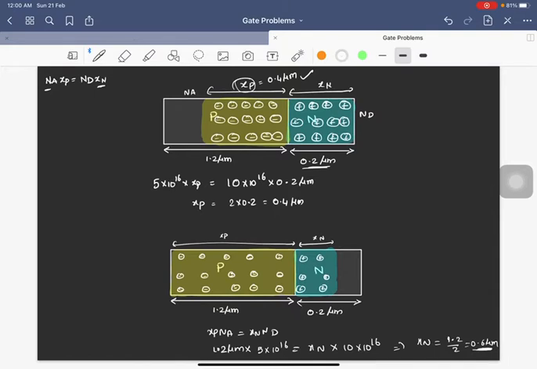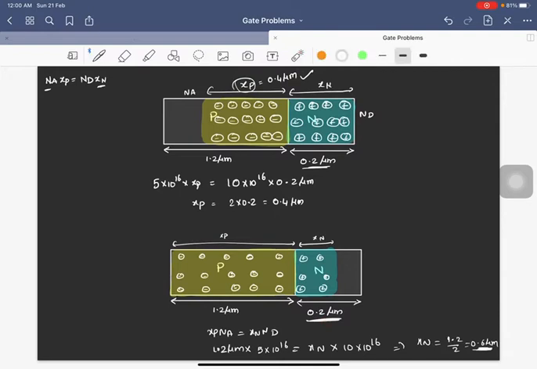This 0.6 micrometer is greater than 0.2 micrometer. But in the diagram, you can observe that P region is completely depleted, N region is not completely depleted. That's what we thought in the first case. That means this answer xn should be less than 0.2 micrometer. But according to this equation, you are getting xn equal to 0.6 micrometer, which is much greater than 0.2 micrometer.